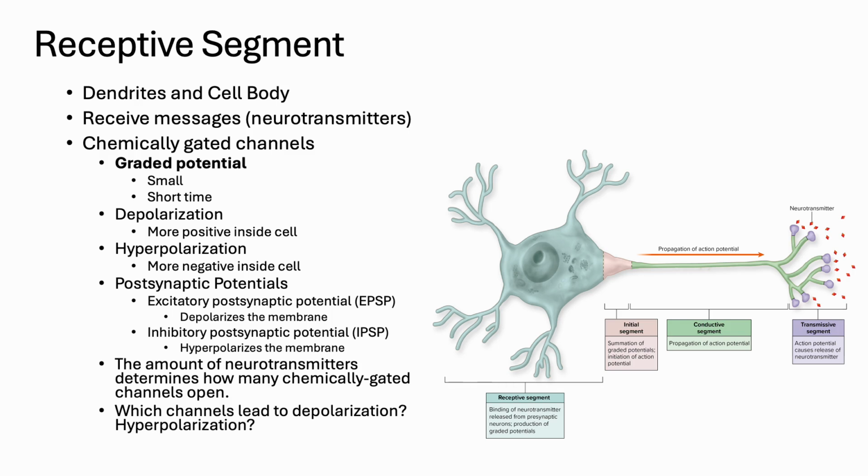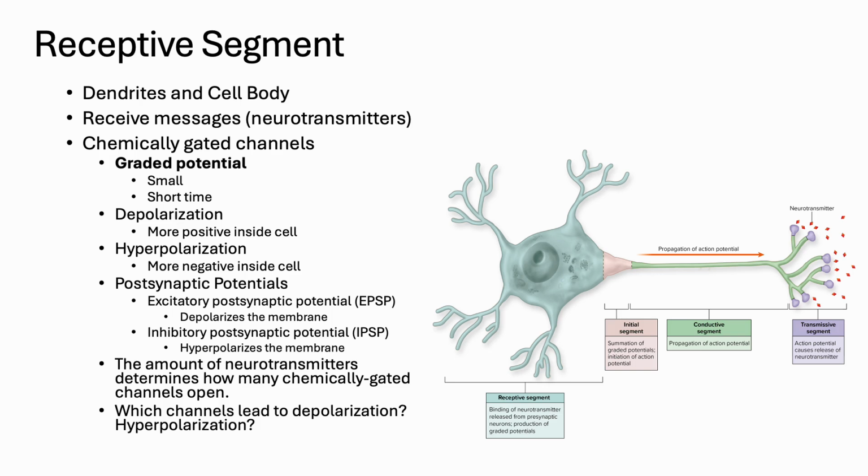So if a membrane of a neuron becomes depolarized, what that means is there's a change from negative to more positive. So the inside of the cell is becoming more positive. If it becomes more negative, then we call that hyperpolarization. So we're becoming more, or hyper, negative.